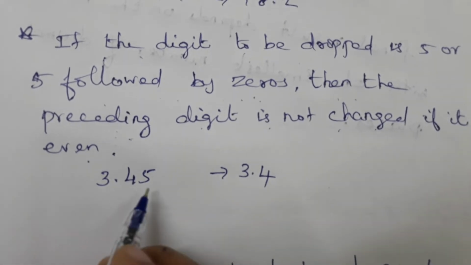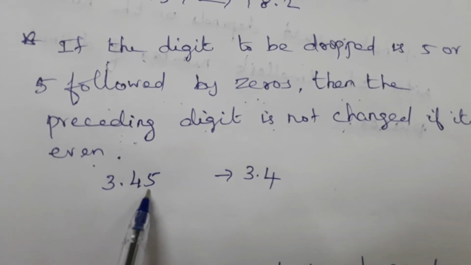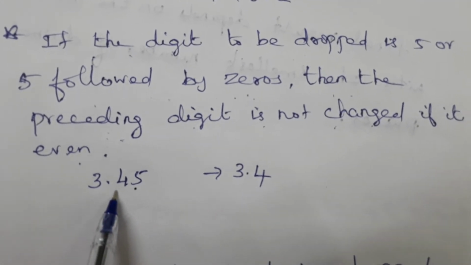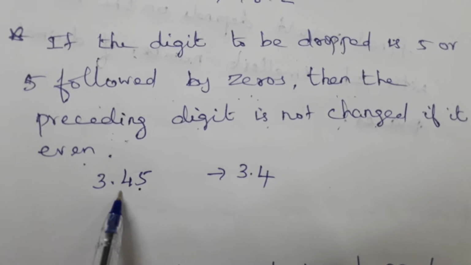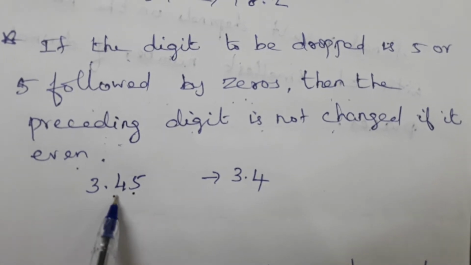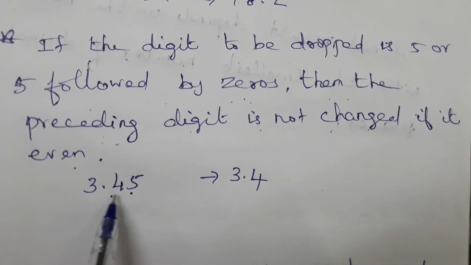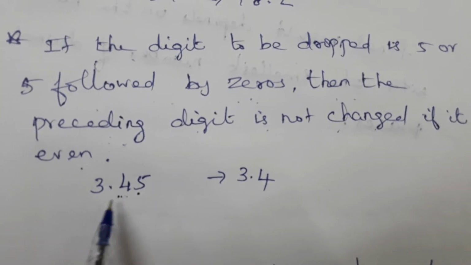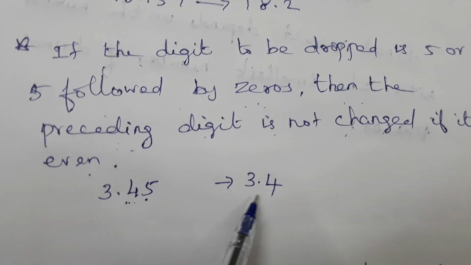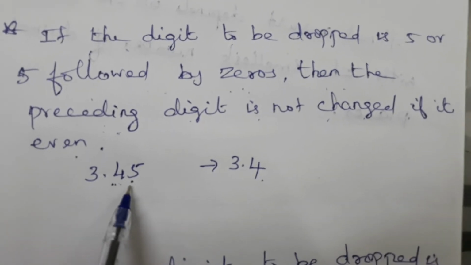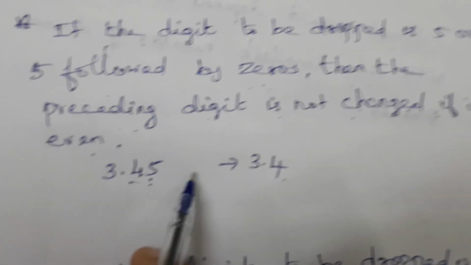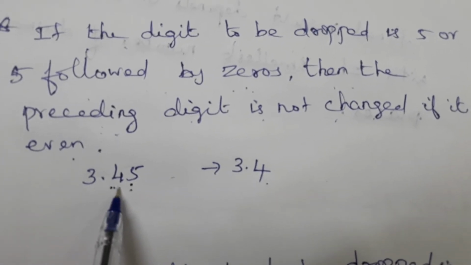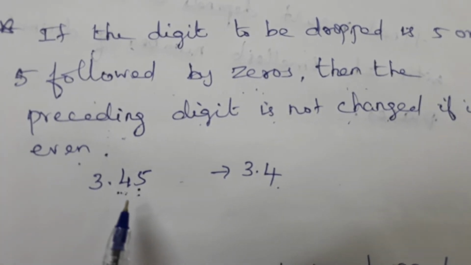So here the digit to be dropped is 5. The previous digit, that is the preceding digit, is even. So if it is even, it should not be increased by 1. As it is, we have to write. So how is 3.45 rounded off? It is rounded off to 3.4. That is, the digit to be dropped is 5 or 5 followed by zeros, then the preceding digit is not changed if it is even. Okay.